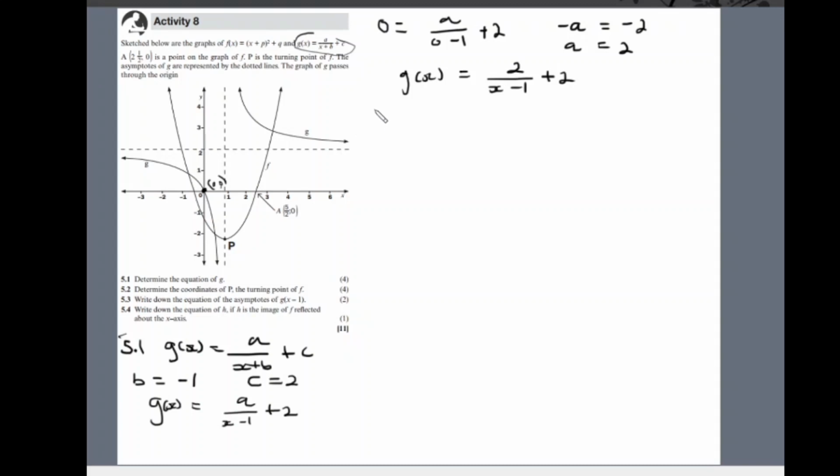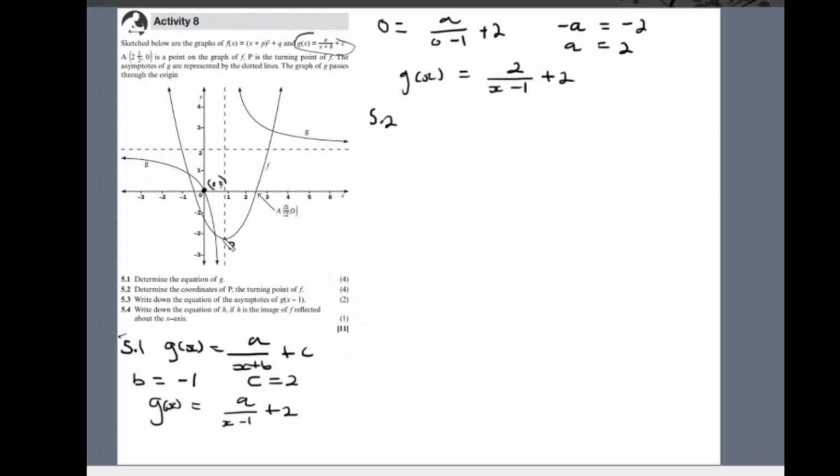And then now going on to 5.2, they want us to determine the coordinates of P, the turning point of f. Notice that we have the vertical asymptote of g as the axis, or the line of symmetry, for the graph of f. So the vertical asymptote of g divides the graph of f into 2 equal halves.